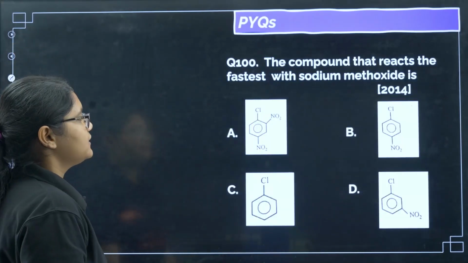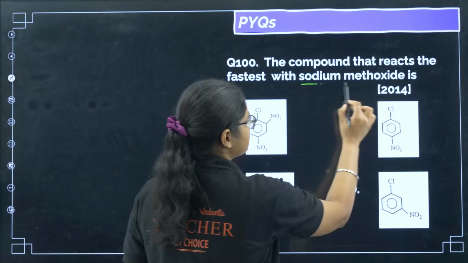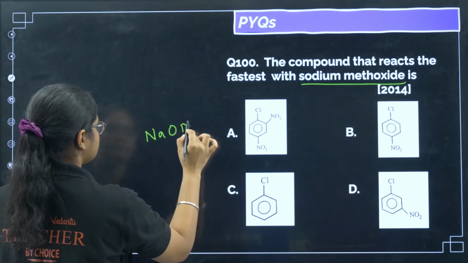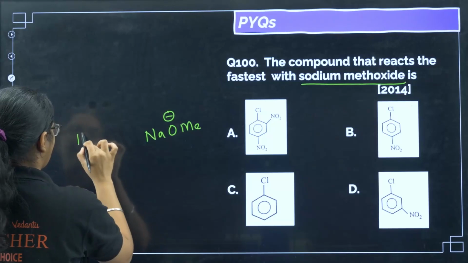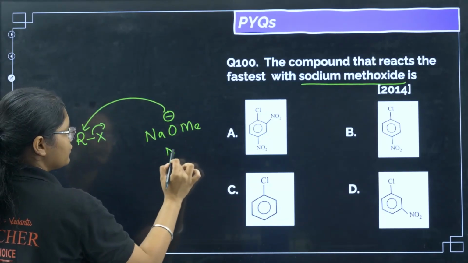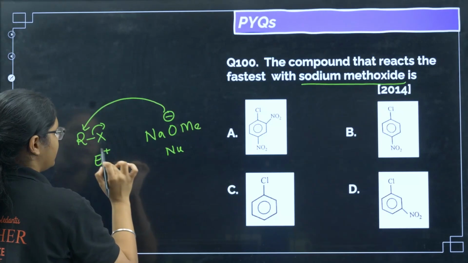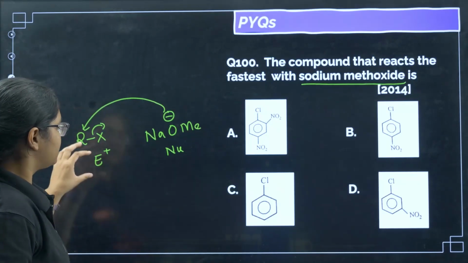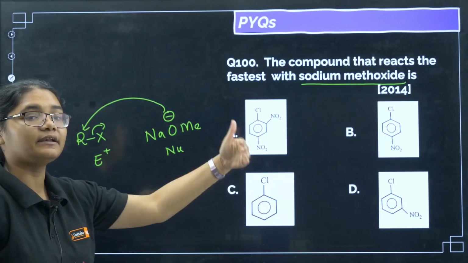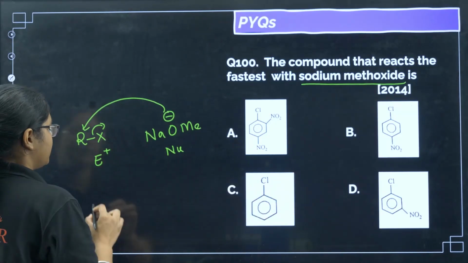Next, last question: the compound that reacts fastest with sodium methoxide. Now sodium methoxide is like this. If I have any RX, it will attack in this way. So this is basically a nucleophile and it is attacking an electrophile. The compound which is a better electrophile will react faster. And how can we find the electrophile?